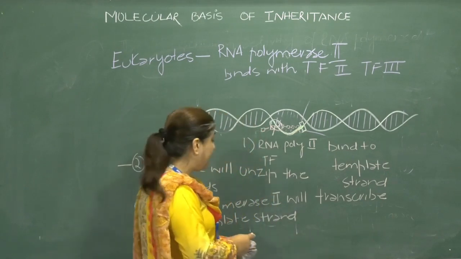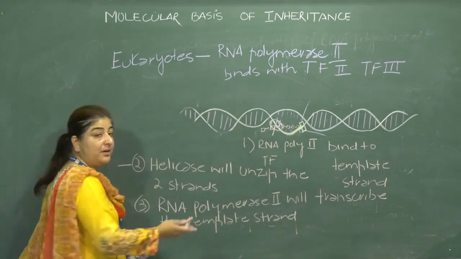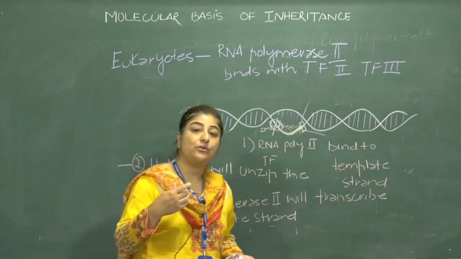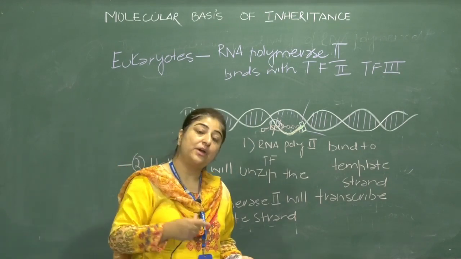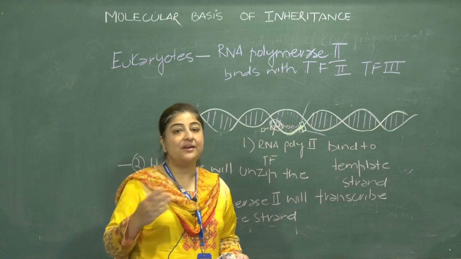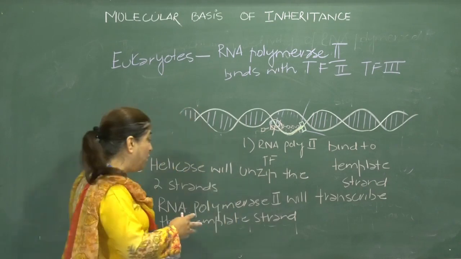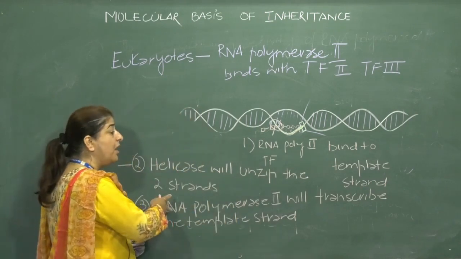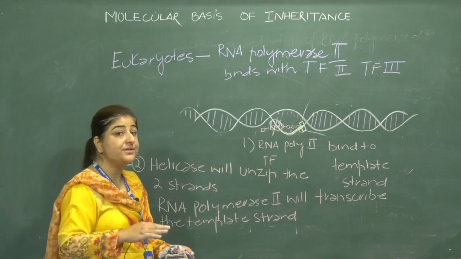Now here again, as you know, in case of the polymerization, ribonucleotides are being utilized. In prokaryotes you have seen the activated ribonucleotides are used. Now what is the difference here in the polymerization of the eukaryotes and prokaryotes?